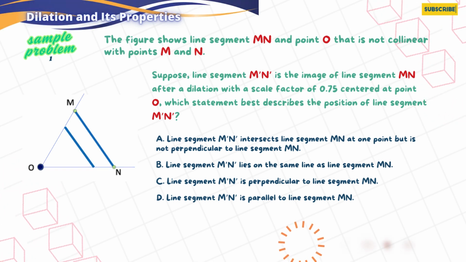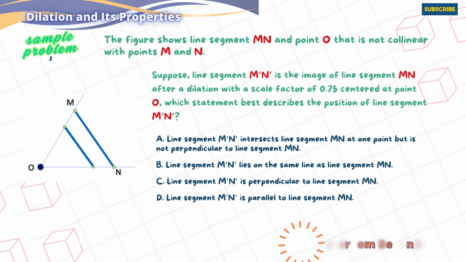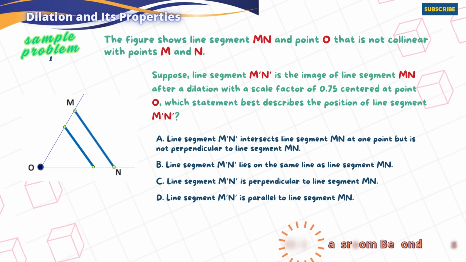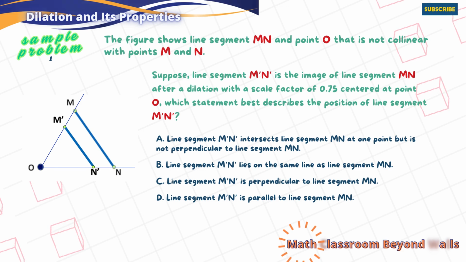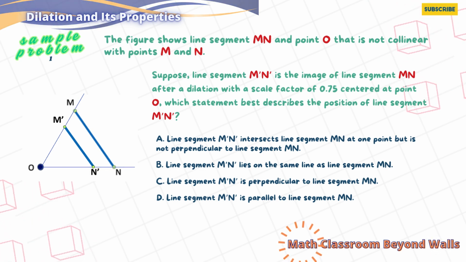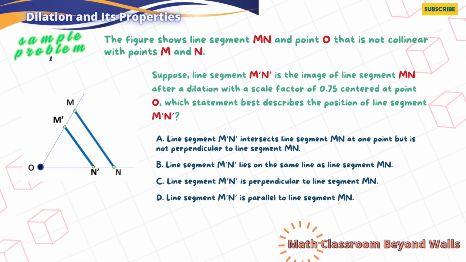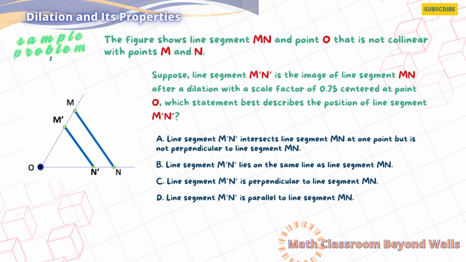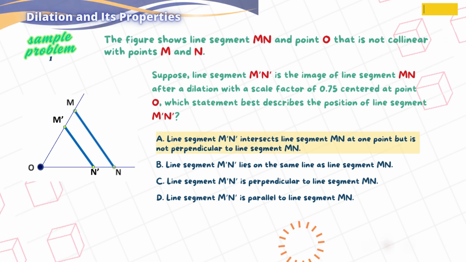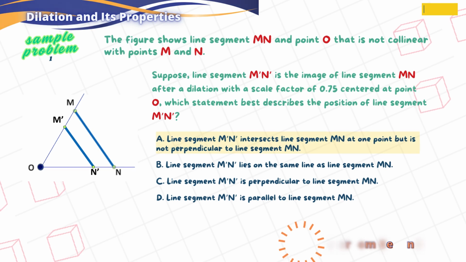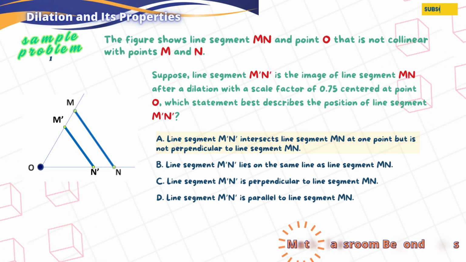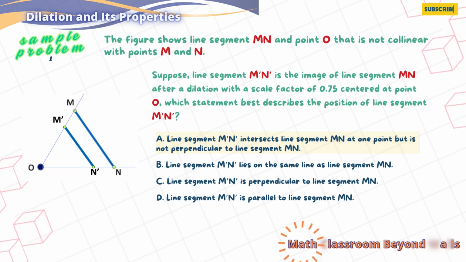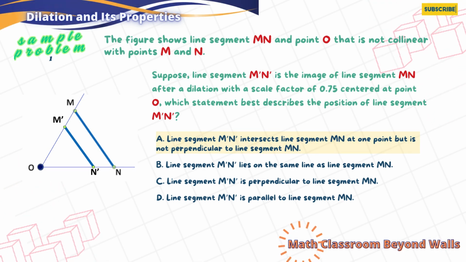Here is now the drawing. We will now label the endpoints of the image as M' and N'. Using the drawing, we will go over the options and see which one is correct. Let's go. Option A, line segment M'N' intersects line segment MN at one point but is not perpendicular to line segment MN.